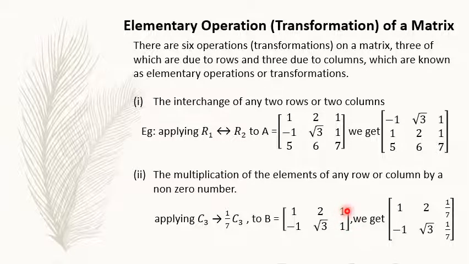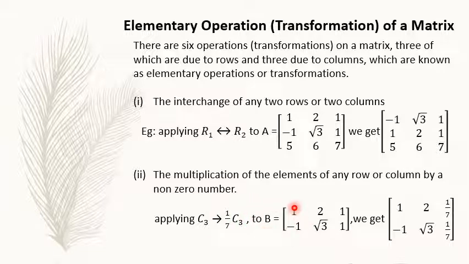So, 1 into 1/7 becomes 1/7. 1 into 1/7 becomes 1/7. That is, we are just multiplying the third column with 1/7. There is no change for the first column or second column, just the third column is changed using this operation.